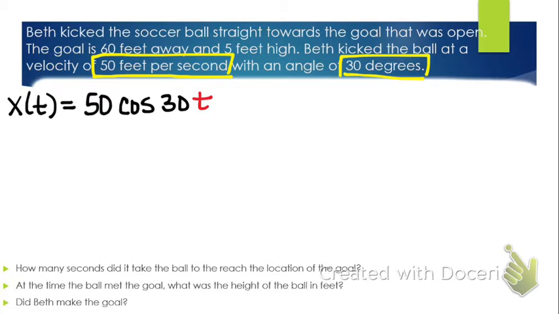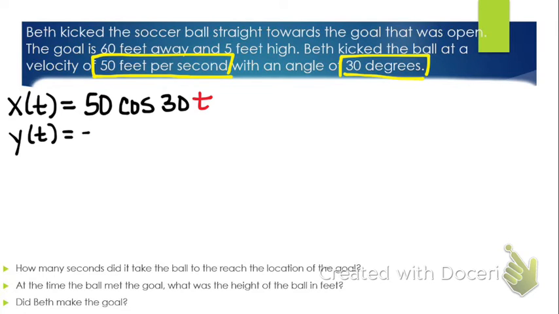That's our horizontal distance. For our vertical distance, I need to take negative 0.5 times the gravity. And what gravity am I using in this scenario? Am I using 32.2 or 9.8? 32.2. So I'm kind of skipping a step. I'm just going to write negative 16.1. Does everyone understand where that's coming from? I'm multiplying the negative 0.5 times the gravity.